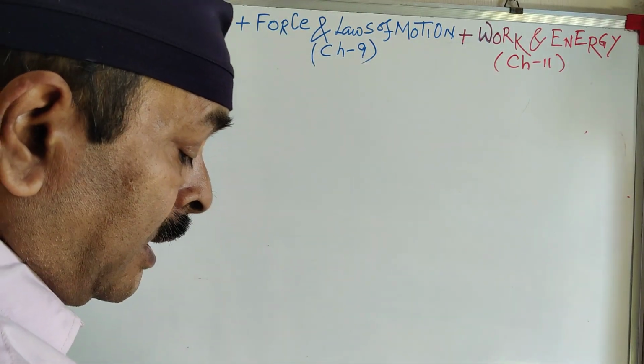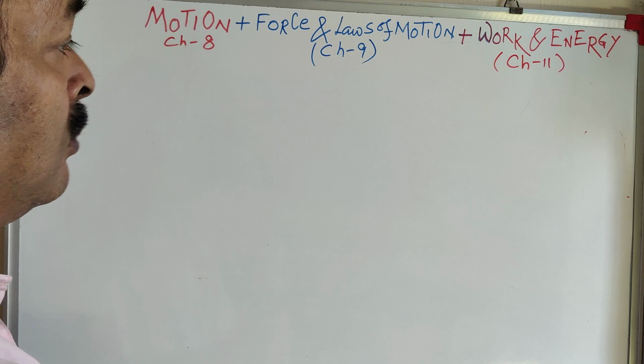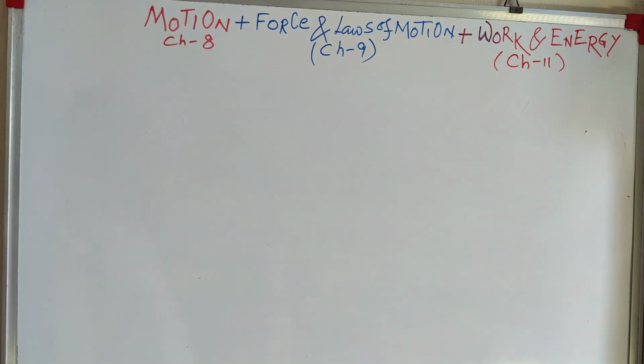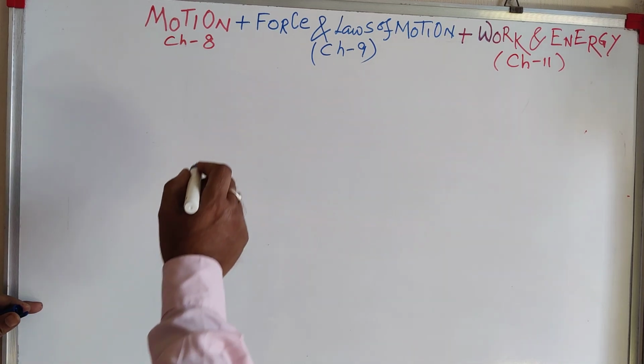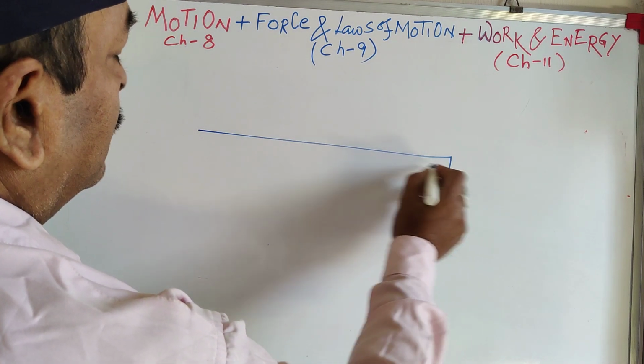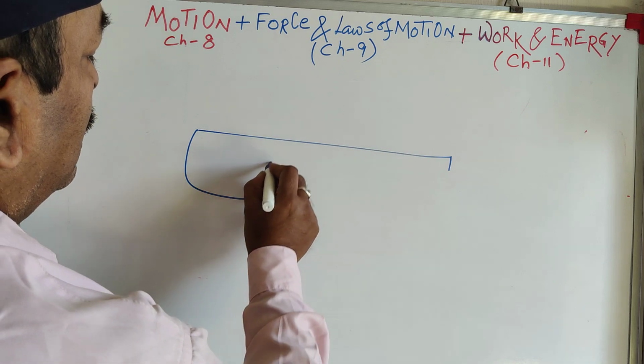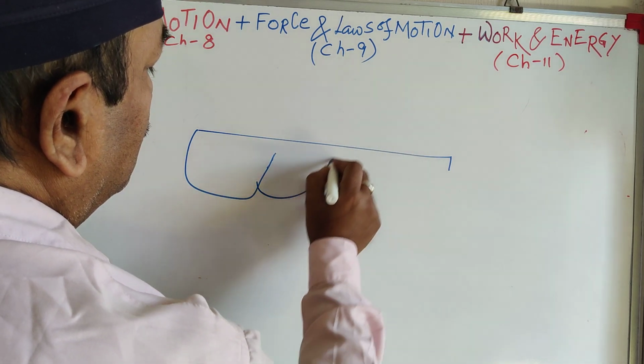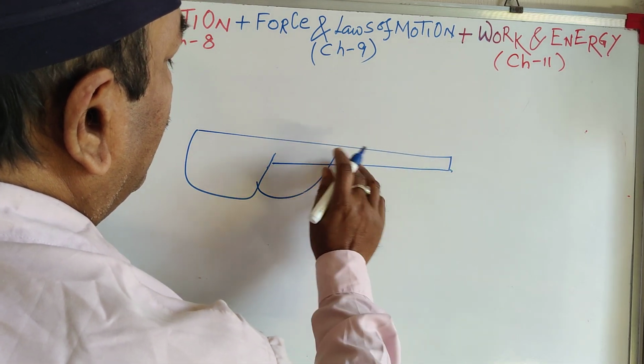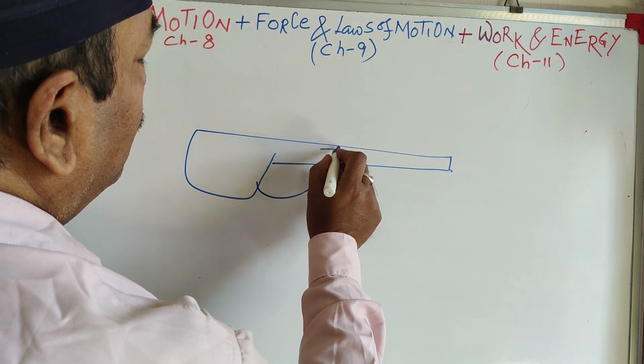Now there is another concept: momentum of an object before action or after action. Suppose we are considering two bodies together. Suppose I take a rifle here, and inside the rifle there is a bullet.